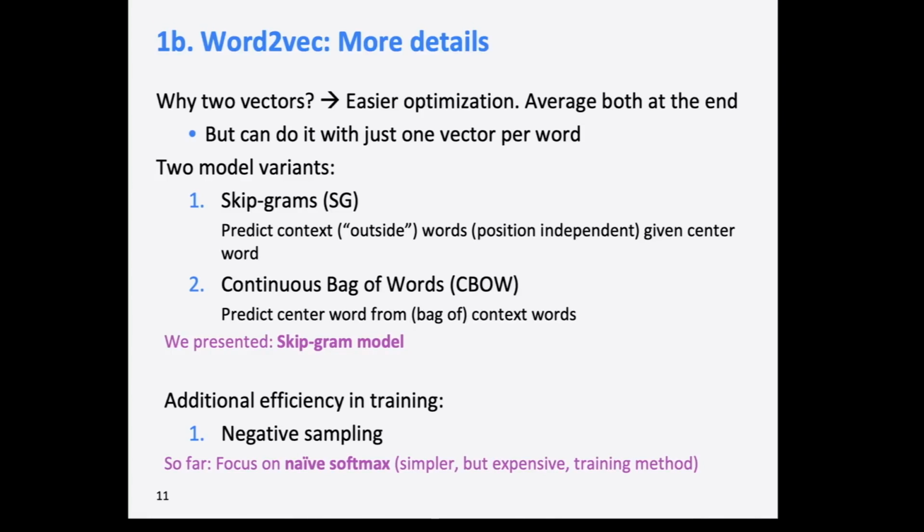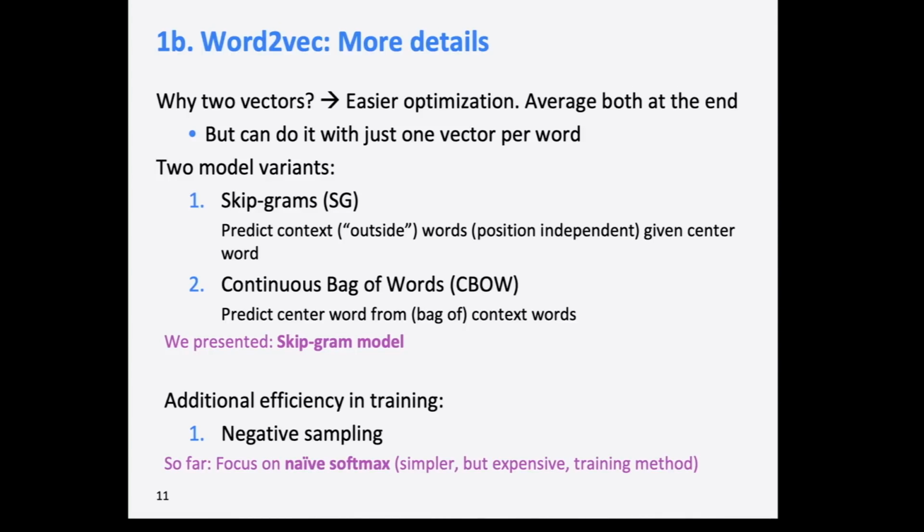More substantively, if you go to the word2vec paper, you will discover there's more to word2vec. They define a family of word2vec models, and there are two main parts of that family. Firstly, there's a choice between the continuous bag of words model and the skipgrams model.